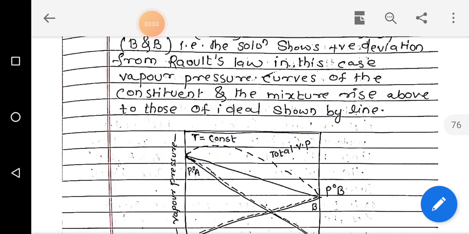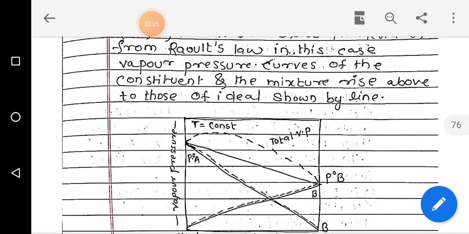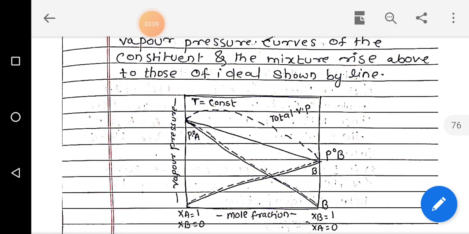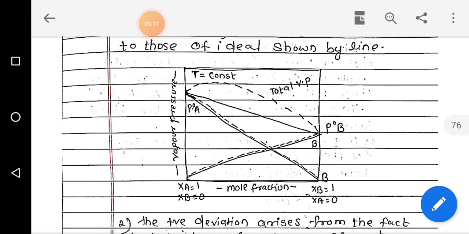In this case, the vapor pressure curves of the constituents and the mixture rise above those of the ideal solution lines. Here XA is the mole fraction of A, XB the mole fraction of B. When XB is equal to 1, XA is equal to 0. When XA is equal to 1, XB is equal to 0, meaning one component is absent, one present.